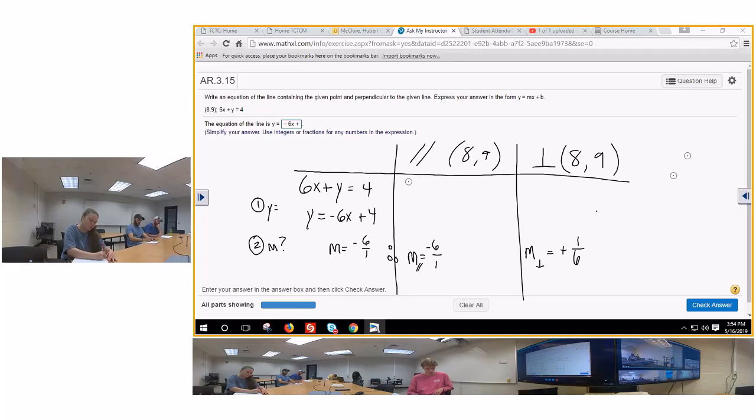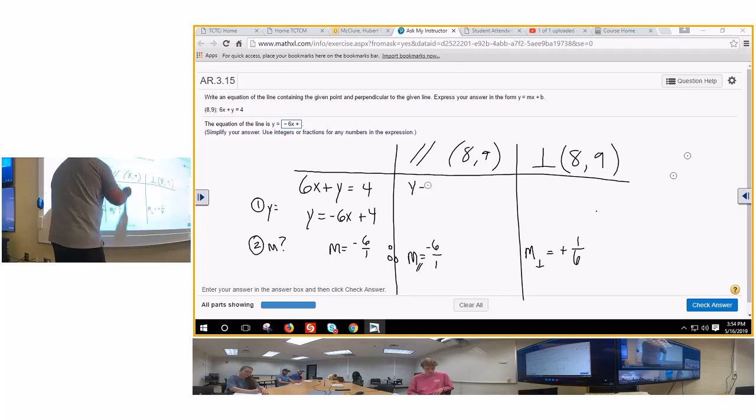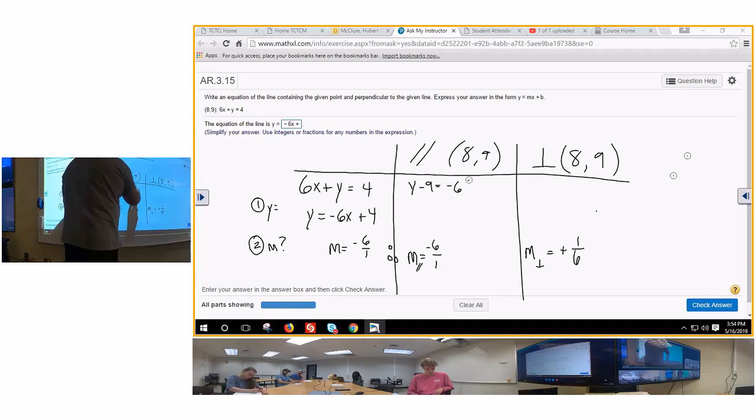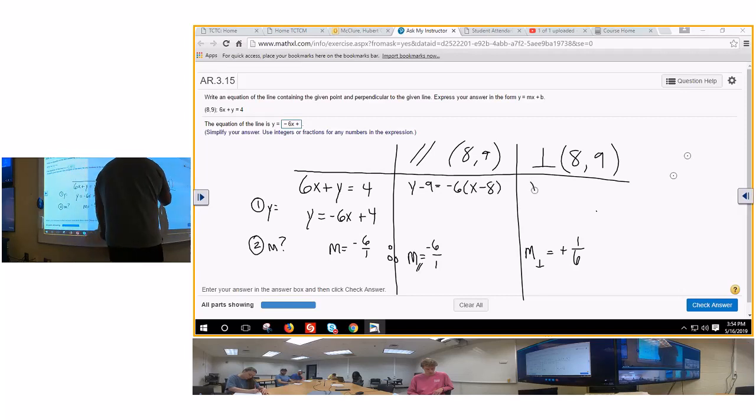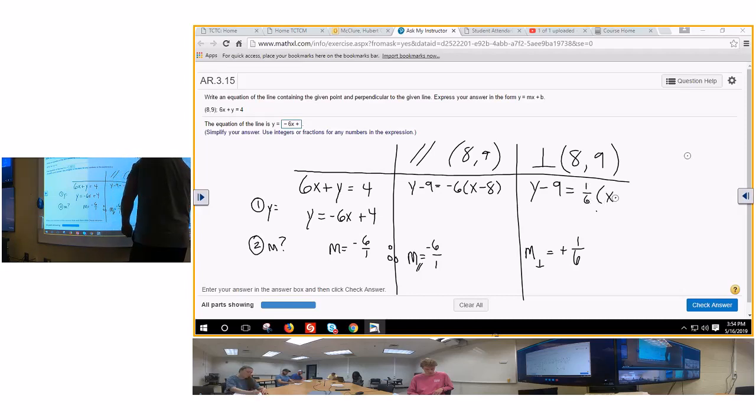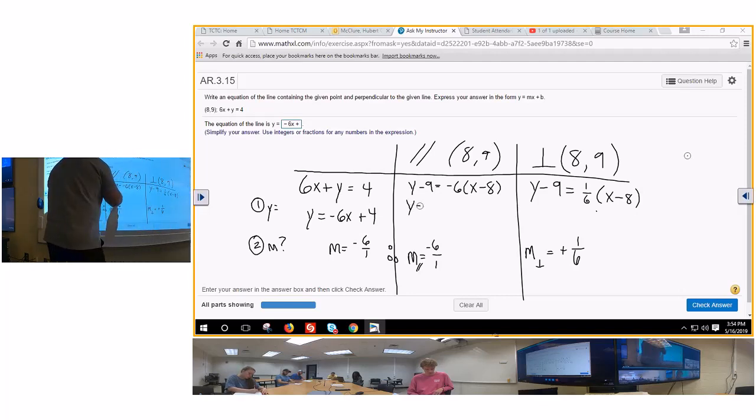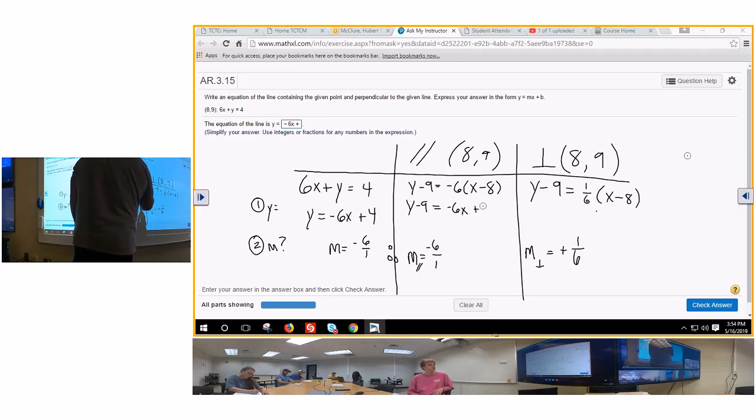So y minus 9 is equal to negative 6 times x minus 8. Y minus 9 is equal to 1/6 over x minus 8. Y minus 9 is equal to negative 6x plus what, 48?